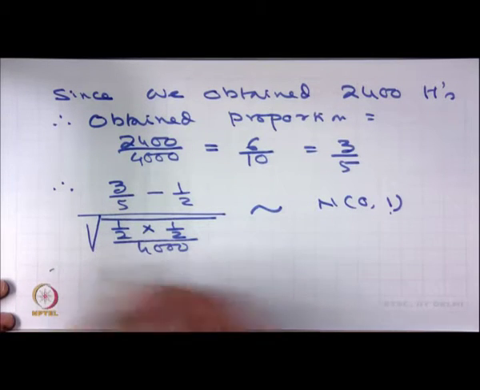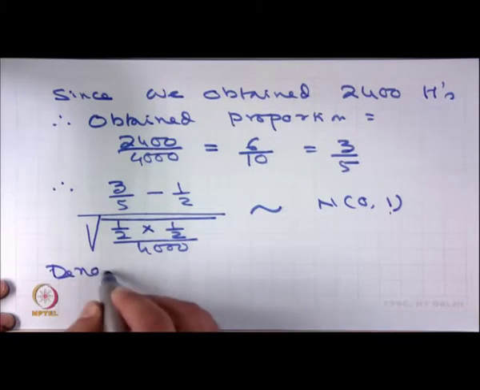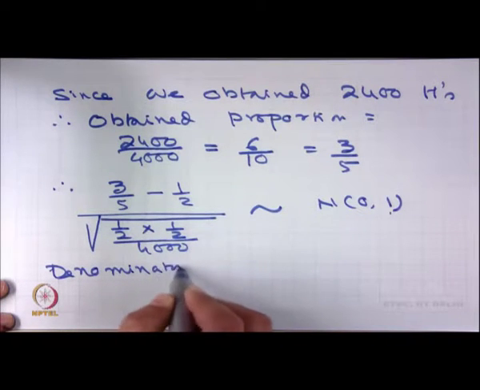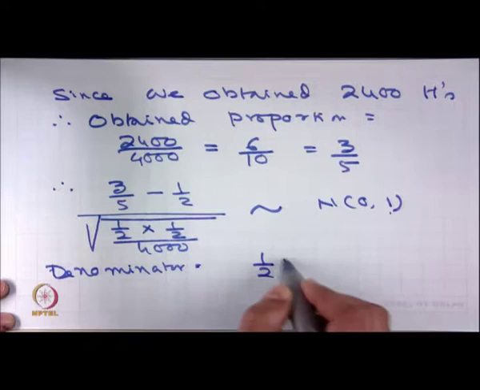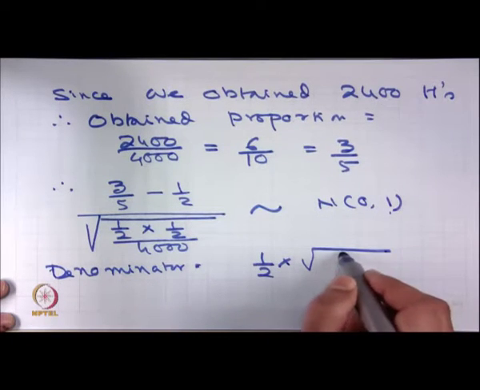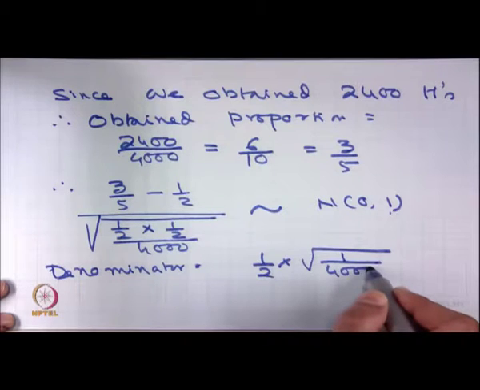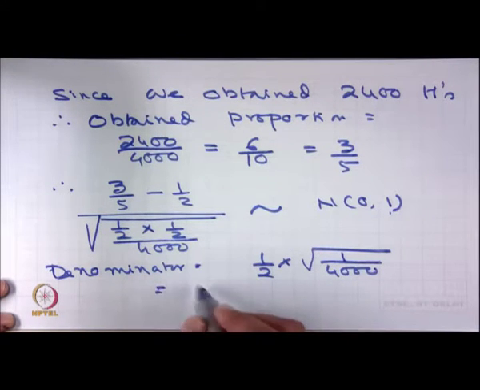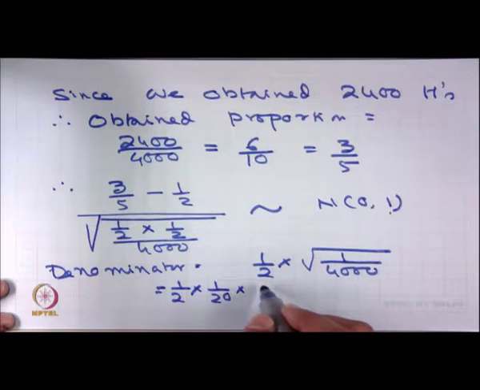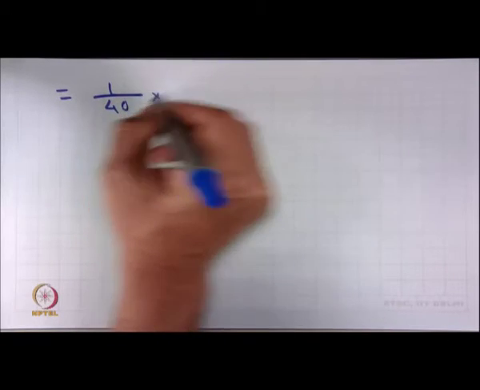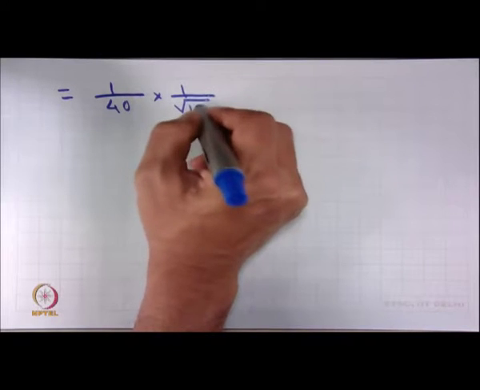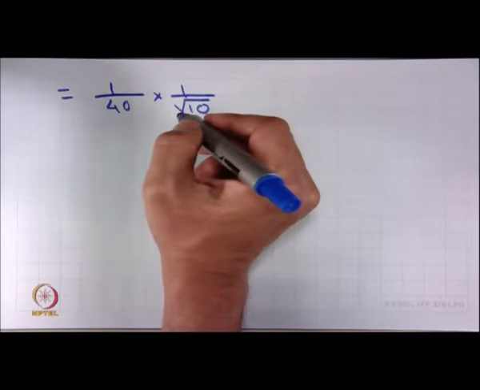Now, this denominator is half into root over 1 upon 4000, which is equal to half into 1 by 20 into 1 upon root 10, which is 1 upon 40 into 1 upon root 10.